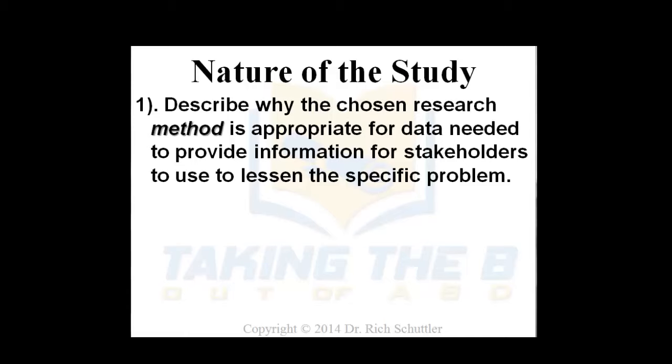What we're asking for in this one paragraph, that's 3 to 7 sentences long, probably averaging about 5, yes, 5 good sentences is more than enough for one paragraph, is that you help the reader understand why your research method is appropriate. So if you have chosen to use a quantitative research method, you describe why you have chosen that, why it's appropriate, and how it's going to produce the type of data that you will need.